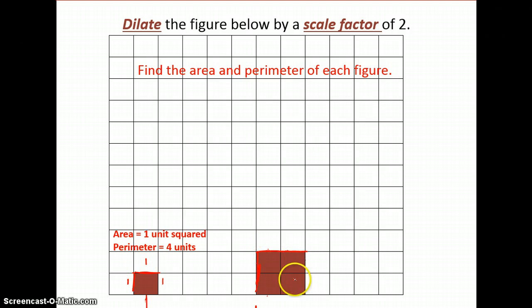Now, the area of my second figure is 1, 2, 3, 4, and we already found that our perimeter was 8. You may want to jot down some information on the relationship between the area and perimeter of both of these, because later on in this lesson, you will be asked to describe the relationship between the two.